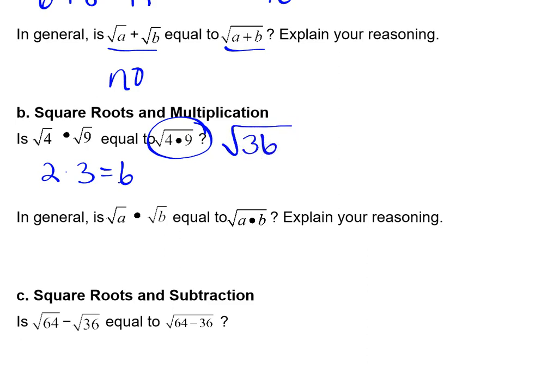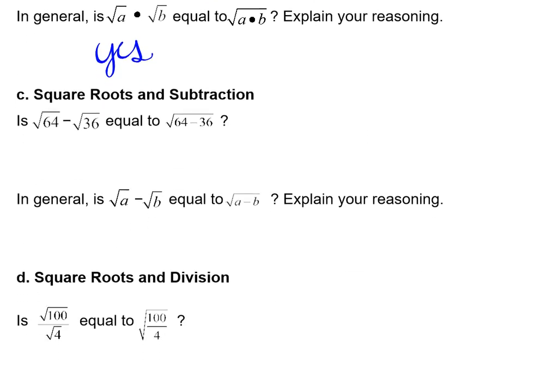So 4 times 9 is 36, and the square root of 36 is 6. Those two things are equal. So yes, in general, the square root of a times the square root of b is equal to the square root of a times b. What we did there was not enough to prove that it's true all the time, but it is true. That's one of the rules we're going to be using today.